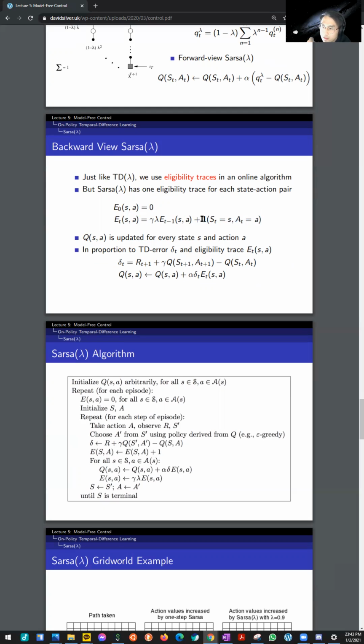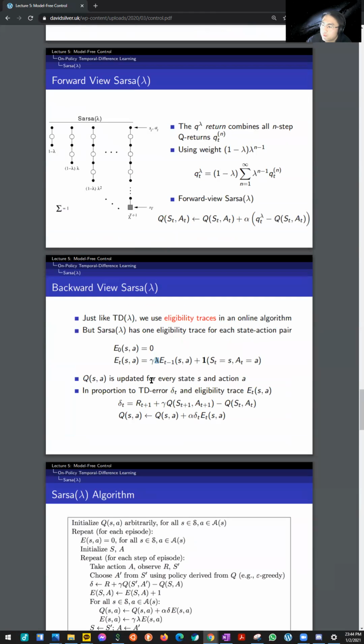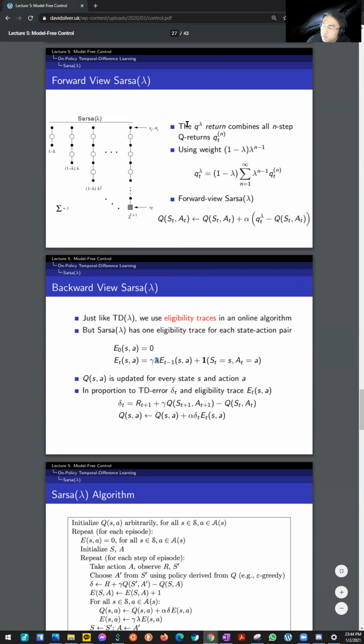As this indicator function suggests, if we really visit that state-action pair, we add 1 to the E variable. The first term here is the discount of the reward parameter, and this is a lambda parameter, which also has some kind of discount value, as we also saw in the forward view SARSA lambda. It seems they're the same lambda, right?